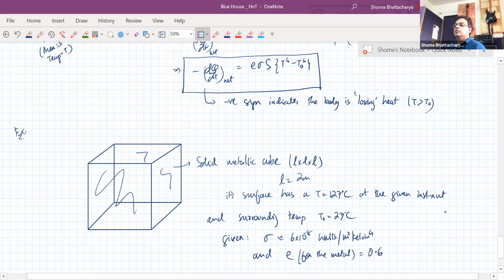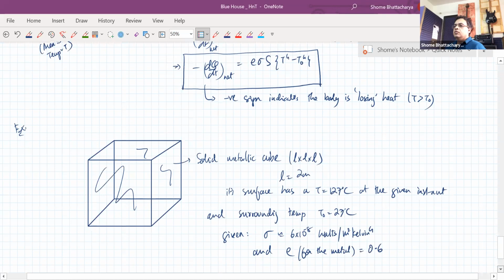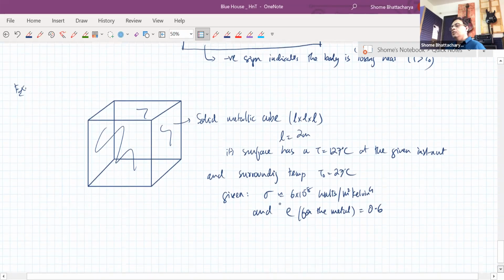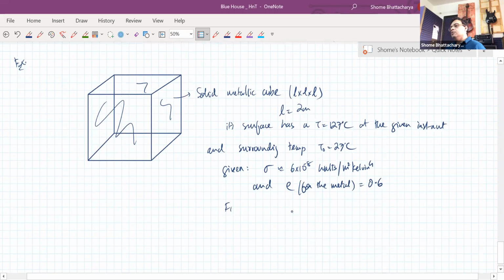So we want to find the emissive power and absorptive power in watts per meter square each.